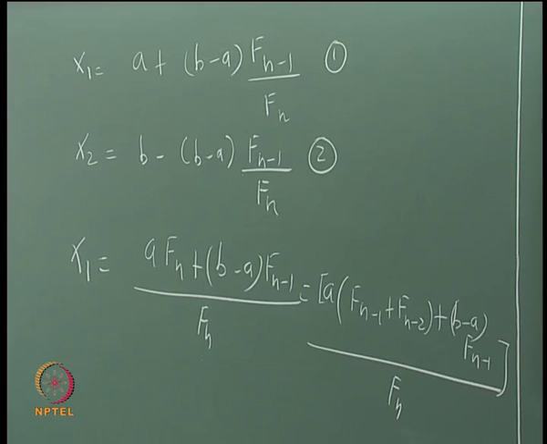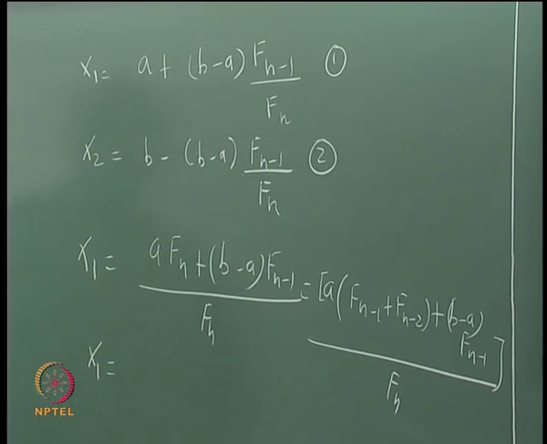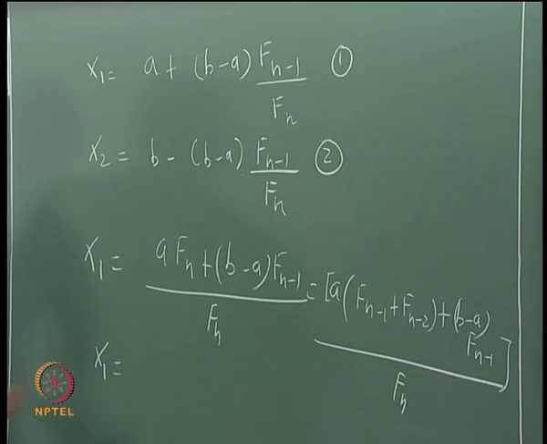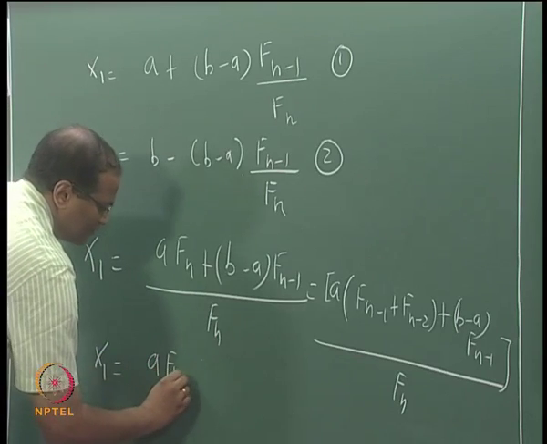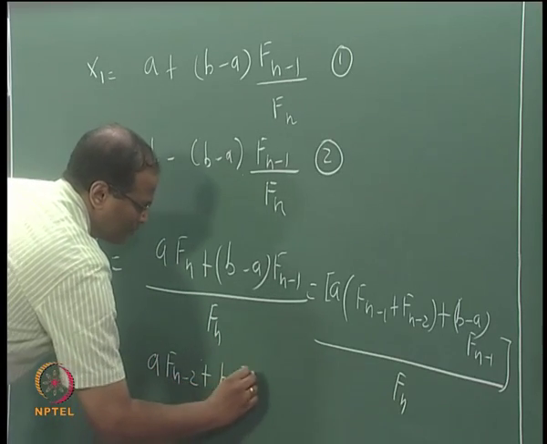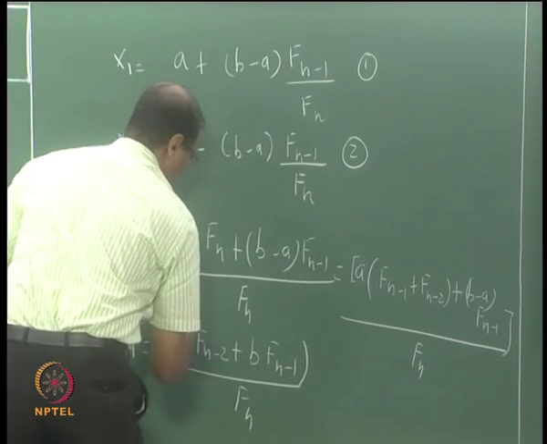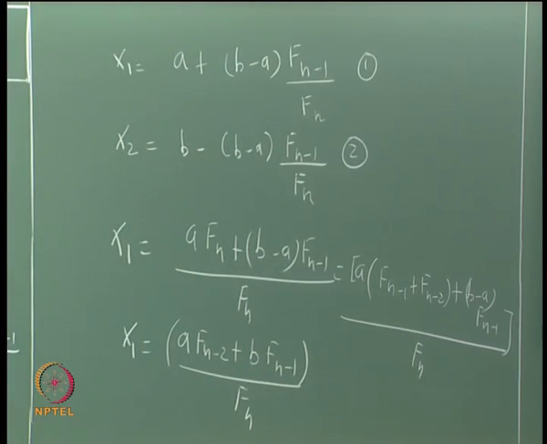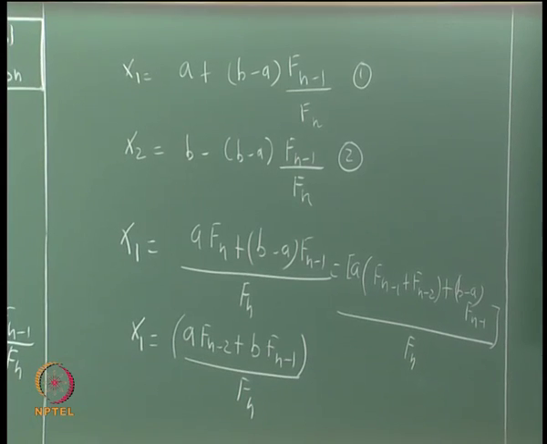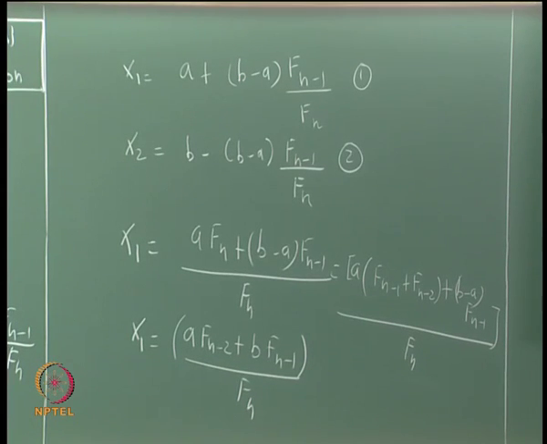A f n minus 1 goes off, right? So x1 equal to A f n minus 2 plus B f n minus 1 over f n. This is just exploiting the property of the Fibonacci sequence. Let us call it 3.